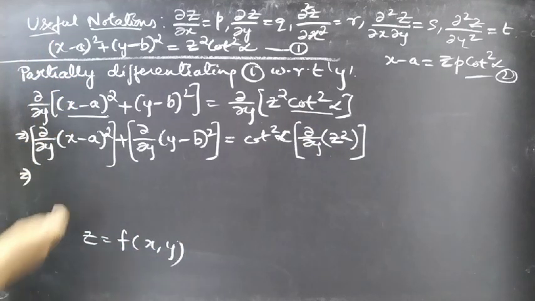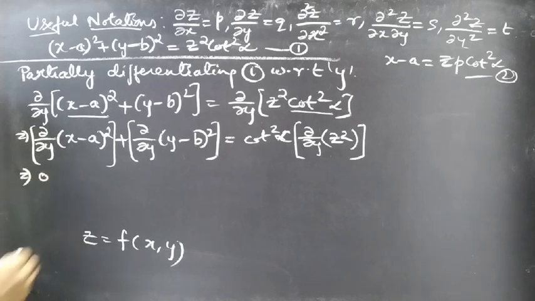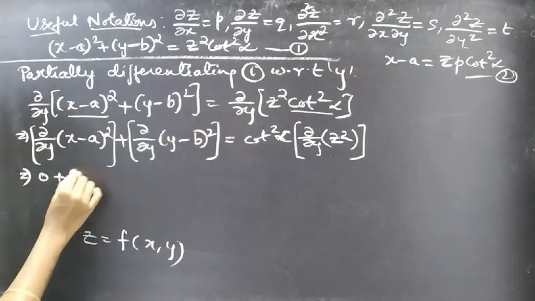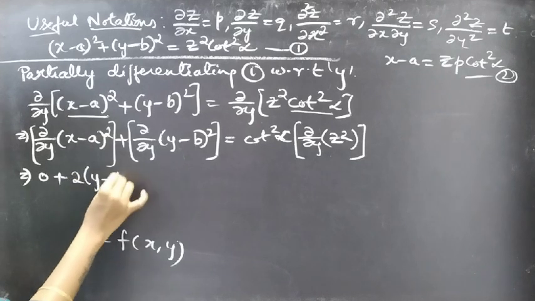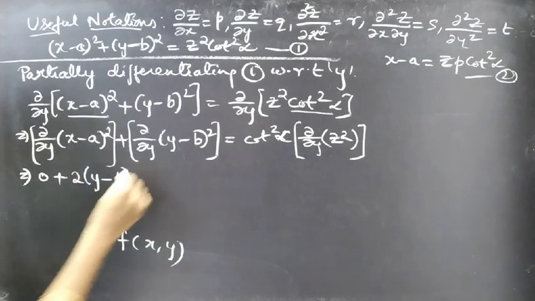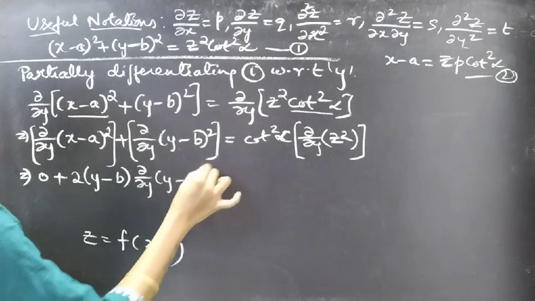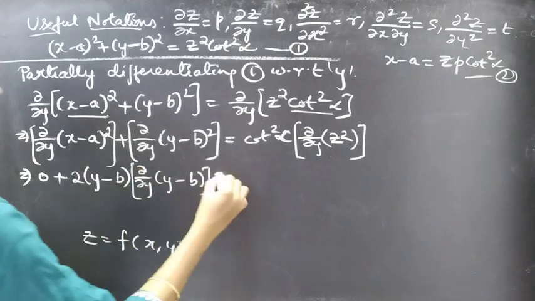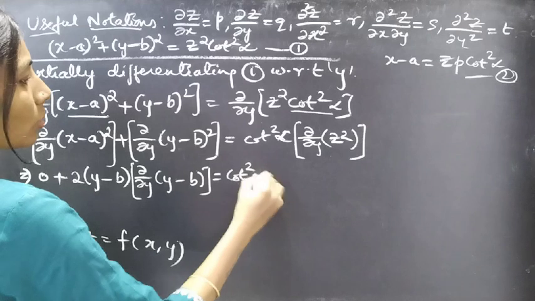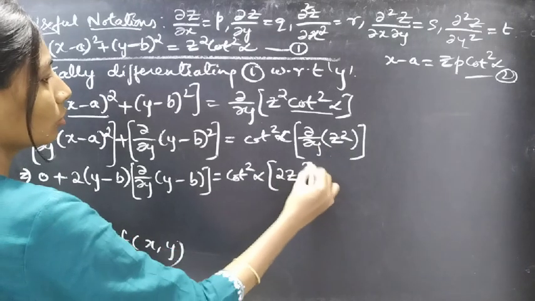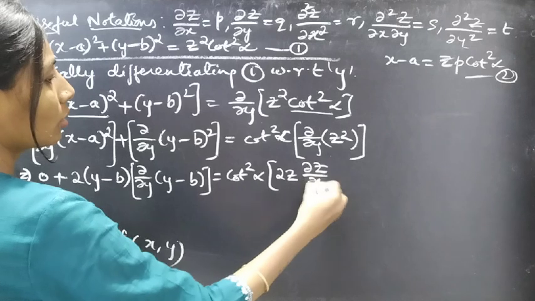This gives us the partial derivative of a constant with respect to y is 0, plus the partial derivative of (y minus b) whole square with respect to y is 2 times (y minus b) into the inner derivative, that is the partial derivative of y minus b, equal to cot square alpha into the partial derivative of z square with respect to y, which is 2z into dou z by dou y.